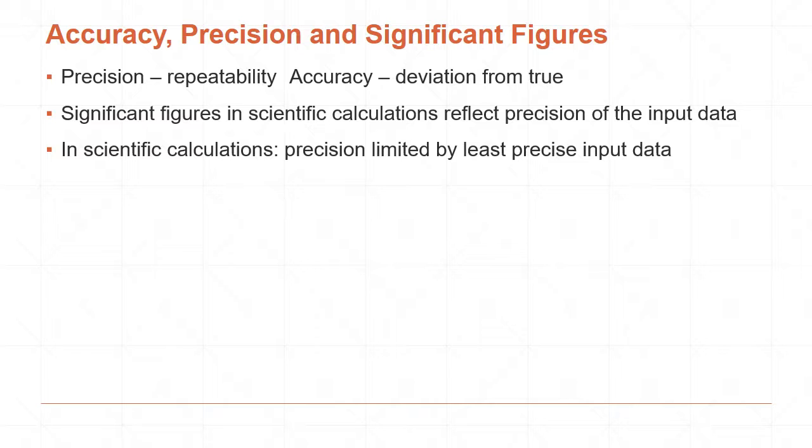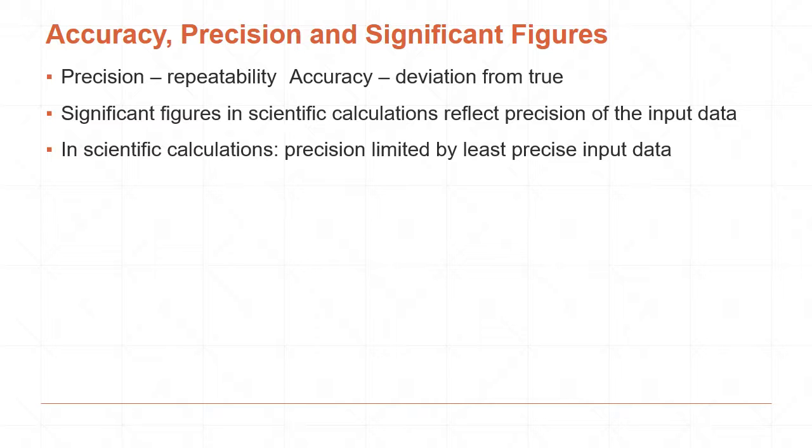So if you were to use a balance that gives you weights out to 0.001 grams, you might expect, as you perform several measurements of mass of the same object, that you might see a little bit of variation in that last decimal place, the fourth decimal place, but you really shouldn't see any more than that. So that would mean you're repeatable very closely around that fourth decimal place of grams.